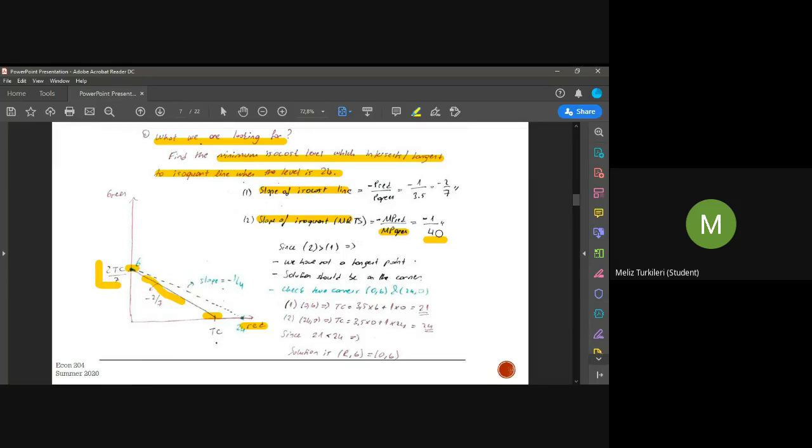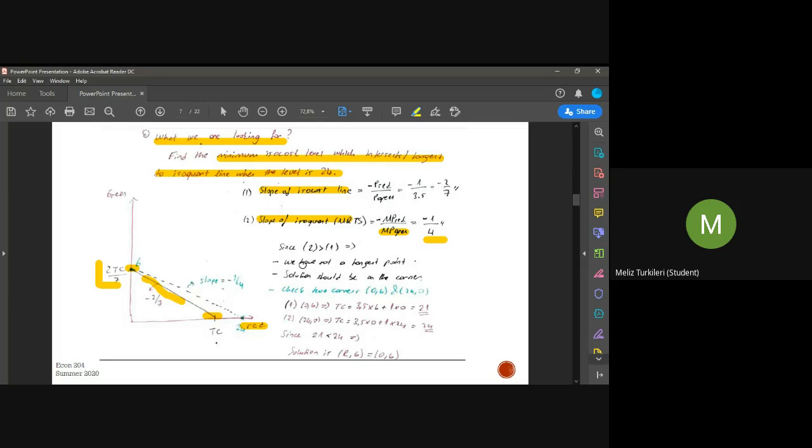Okay. Once we know this, we have found the slope of the isoquant line and the isocost line. And we know the slope of the isocost line is the negative of this amount, and minus 1 divided by 4 is bigger than minus 2 divided by 7.